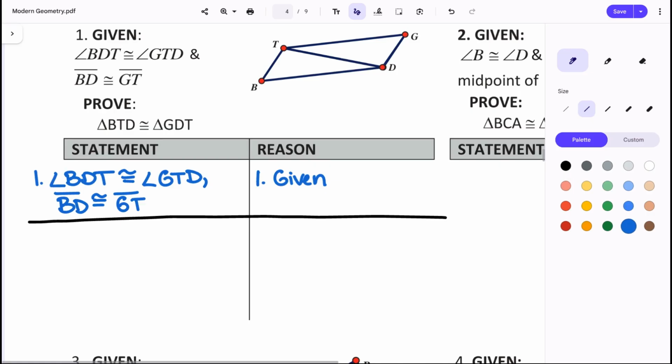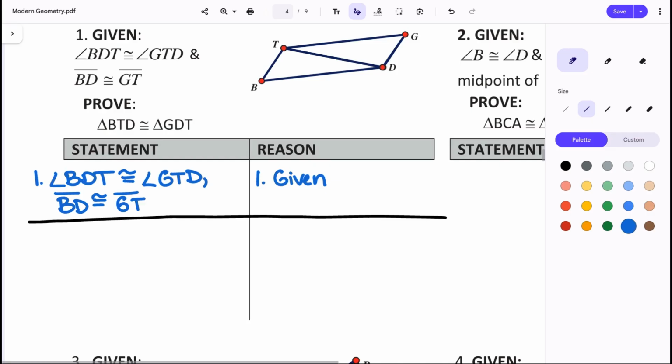If you need to, you can draw a line underneath that like I did if you need some separation, especially if you're numbering your steps and you want to keep them together, draw those lines to kind of separate your steps. But we've got some given information that we just wrote down there.